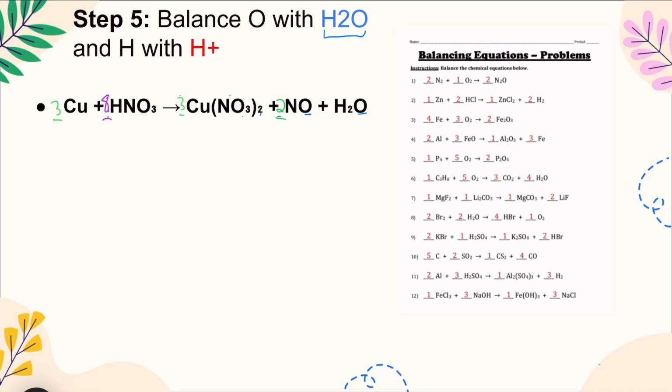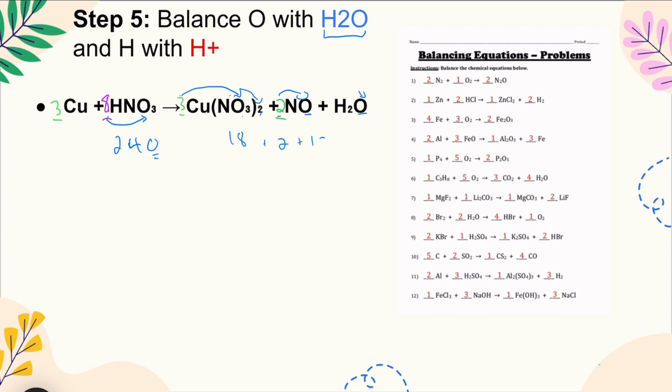Finally, we're going to balance the oxygens by adding water, and then balance the hydrogens by adding H+, adding the appropriate amount to the deficient side. Starting with oxygen first, I got 8 times 3, that's 24 oxygens on this side. For the product side, I got 3 times 3 times 2, that gives me 18 oxygen, plus 2 times 1, that's 2, plus 1.